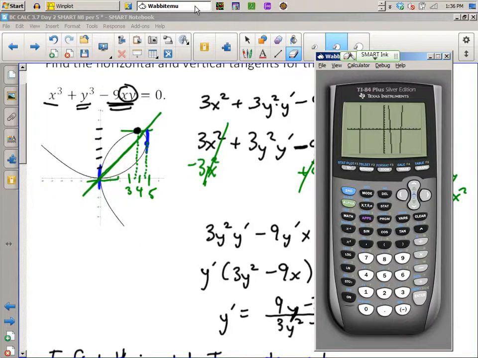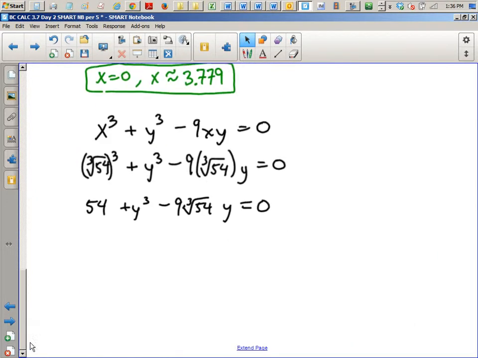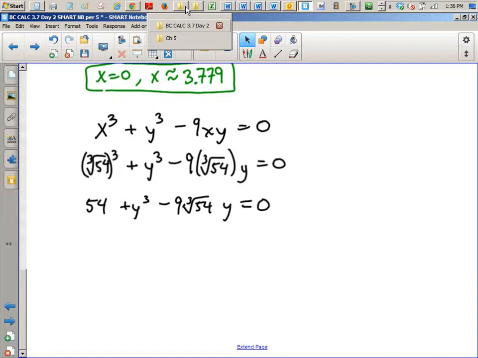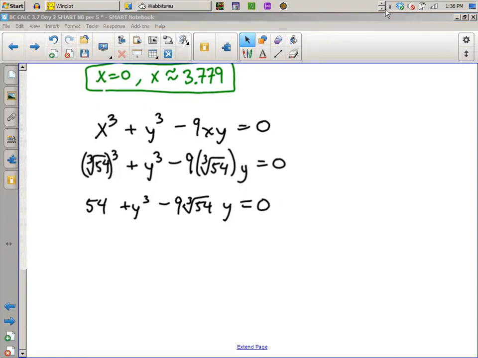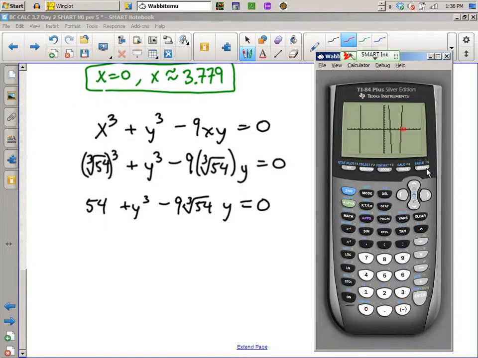I can't type it wrong, or I'll give you the wrong roots. This is the tedious part. 54 plus x cubed minus 9 times 54 to the 1/3 times x, equals 0. So I'm interested in this point right here. That's the y value I'm interested in.